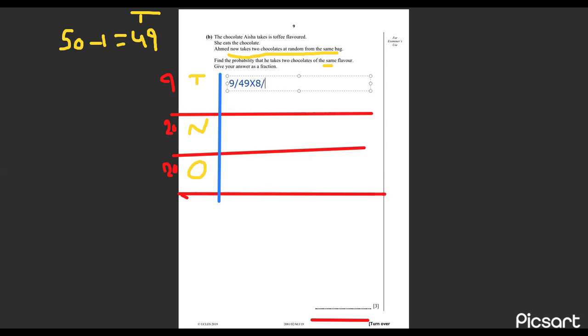Then we get the answer. For the nuts, we have 20 out of the new total, which is 49, multiplying by 19 over 48 after taking the first one. Then the orange will also be the same, 20 over 49, multiplying by 19 over 48. Then we calculate them all and add them together.